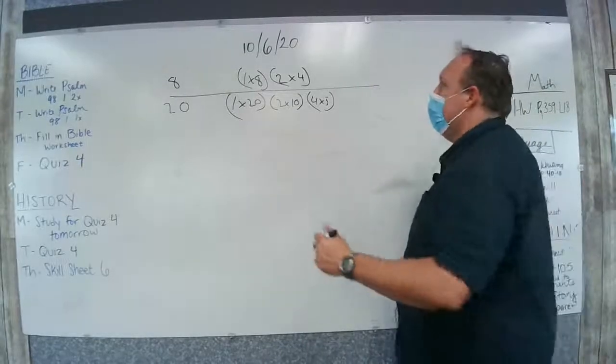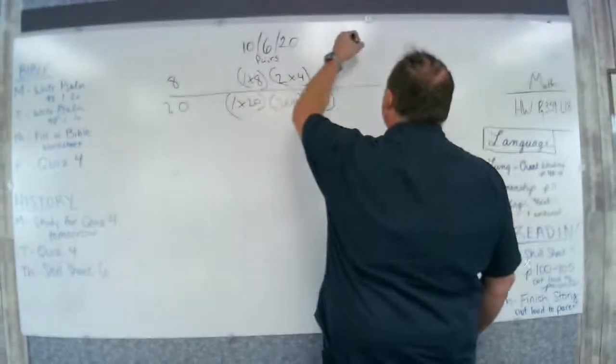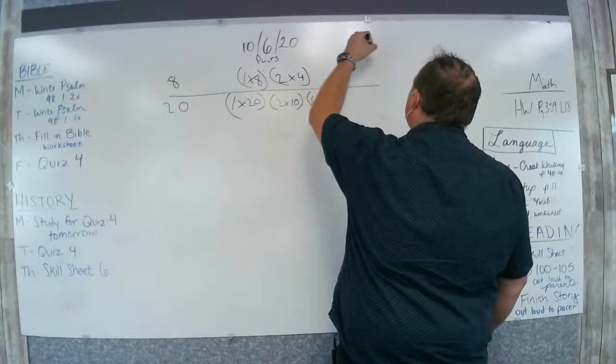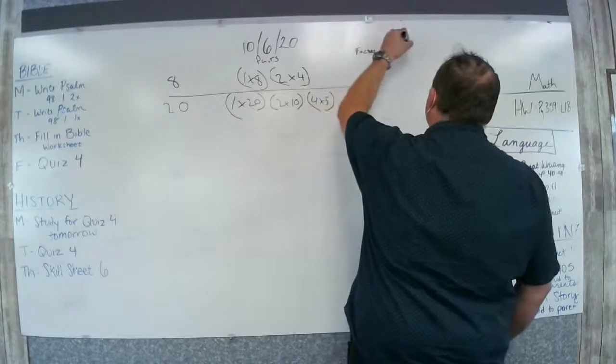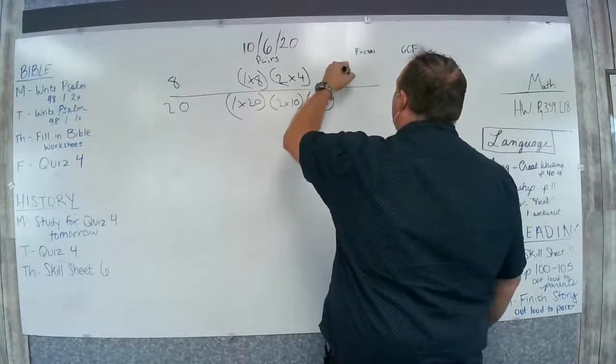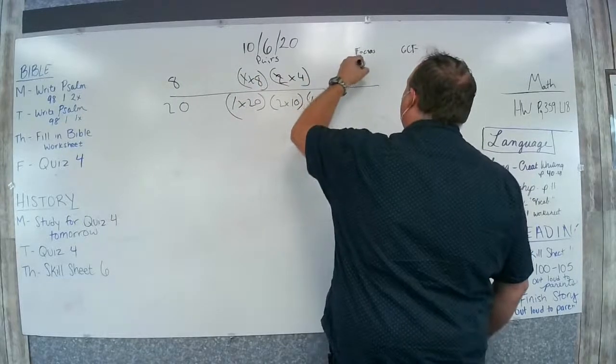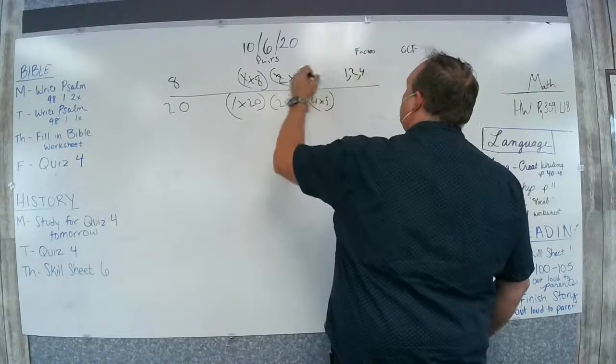So I have my pairs of factors, then I have my factors, then I have my GCF. So then I have 1, 2, 4, and 8.